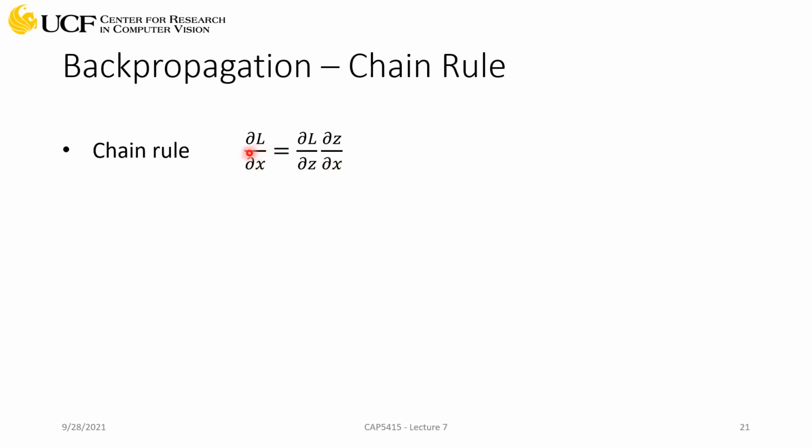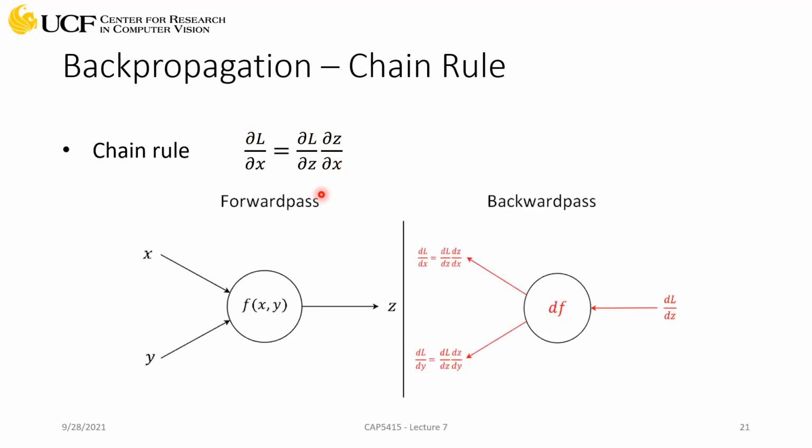Chain rule says that if you have to compute the derivative of L with respect to X, you can break this into two steps: compute the derivative with respect to Z, and then multiply that with the partial derivative of Z with respect to X. This is a very standard chain rule in calculus.